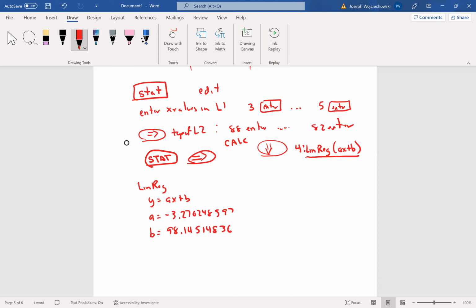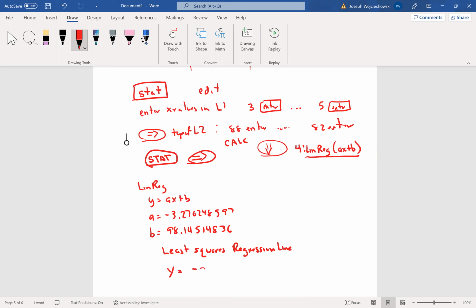So what this means is my least squares regression line is y equals AX plus B, and let's just round to 4 decimal places.